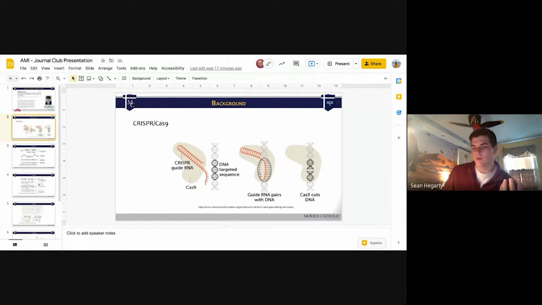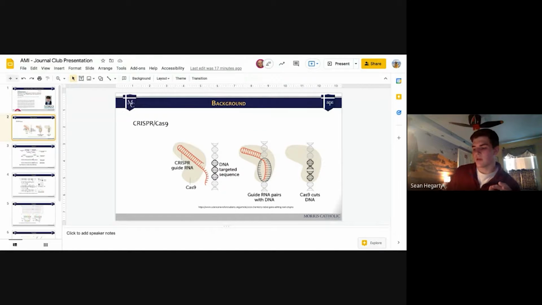And those two form the Cas9 complex. Now the Cas9 will locate a specific gene sequence in the genome using the guide RNA, and it will find a certain section on that genome called a PAM.